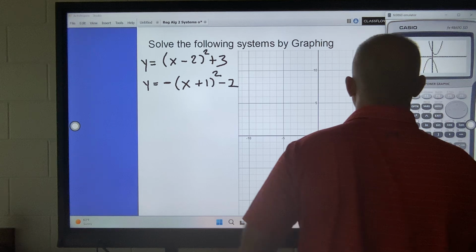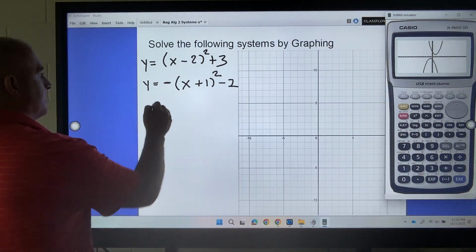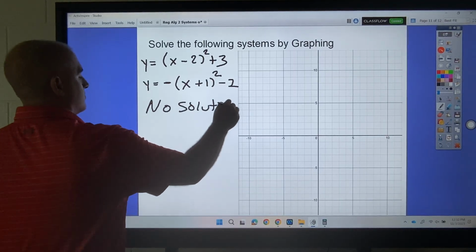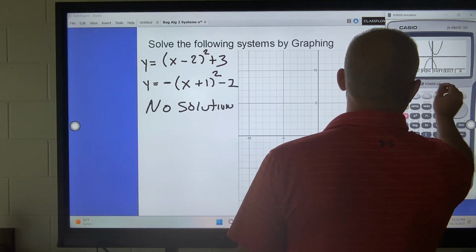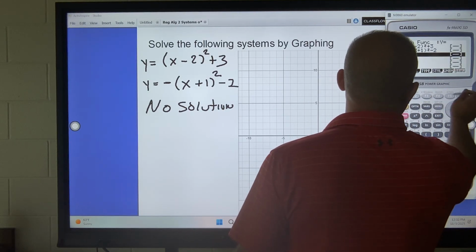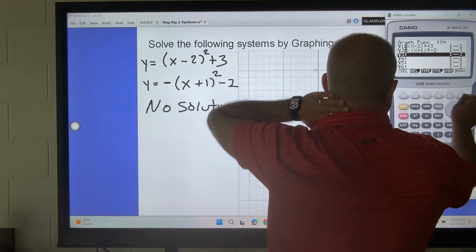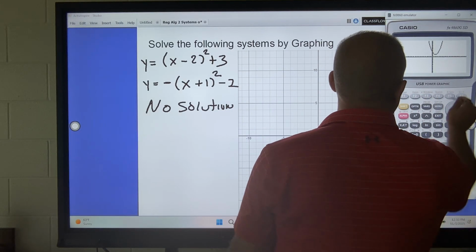Draw. Okay. All right. Once again, that's going to be a no solution problem. Okay, why? Because if I do G-Solve intersection, it doesn't have one. Okay, so I can just graph these individually now.